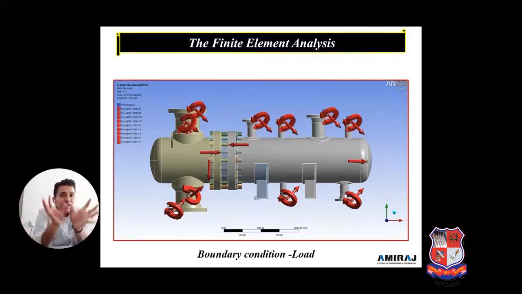Here we have a shell and tube type heat exchanger, and we are applying the load in all three directions X, Y and Z. Whatever load you observe, along with the moment in the particular force, you can observe that on the inner side force is also there. These are the internal forces. This is the force due to the fasteners. This is one tube side inlet and outlet. This is also an inlet and this is an outlet.